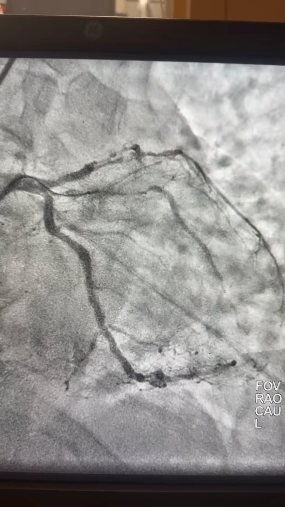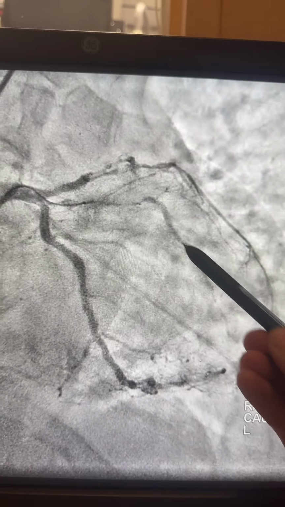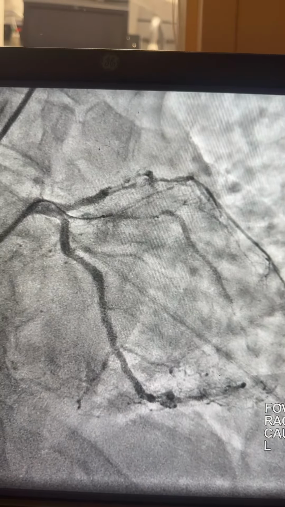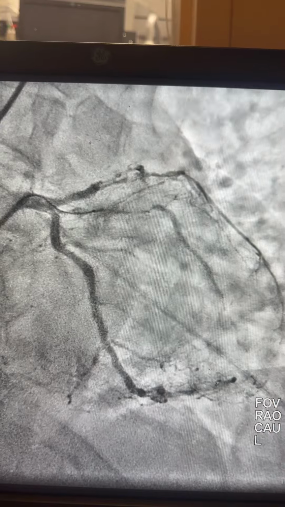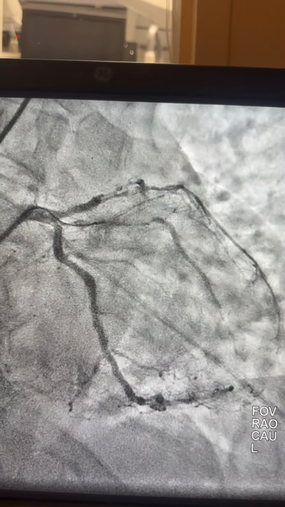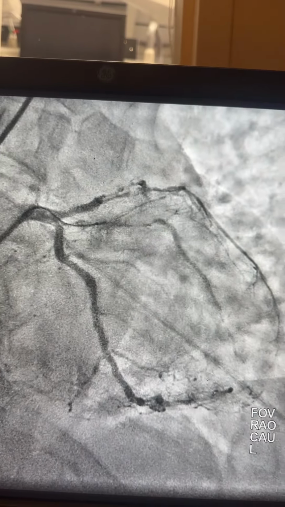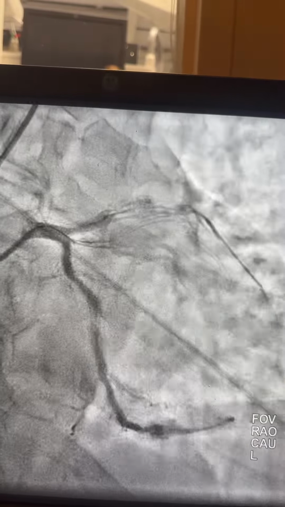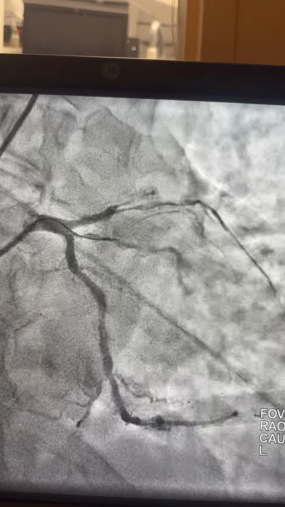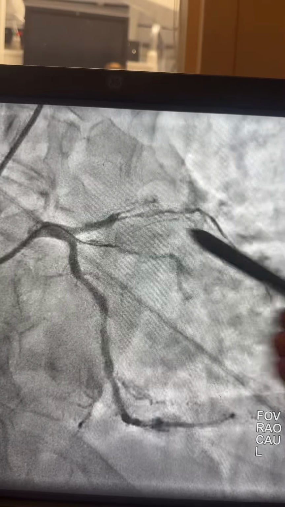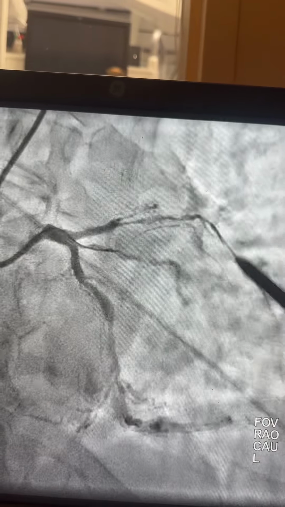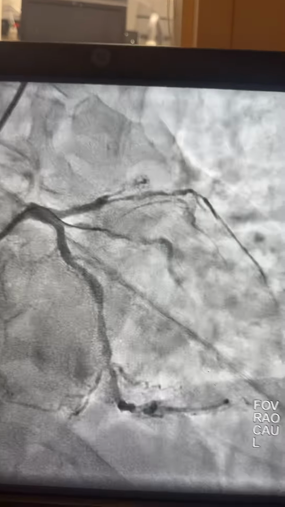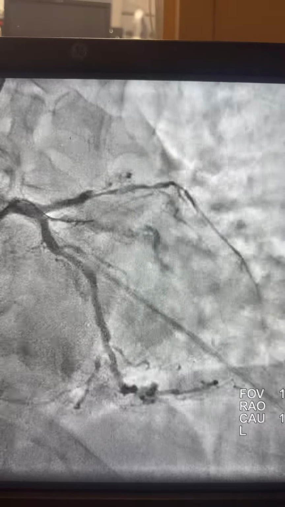So the plan here, I'm going to fix this Ramus first because it's much easier than this bifurcation CTO LAD, and then move toward the LAD and diagonal. Now the run-through wire first did not pass through the Ramus, so I have to advance it toward the diagonal, and then use a PT wire for the Ramus.